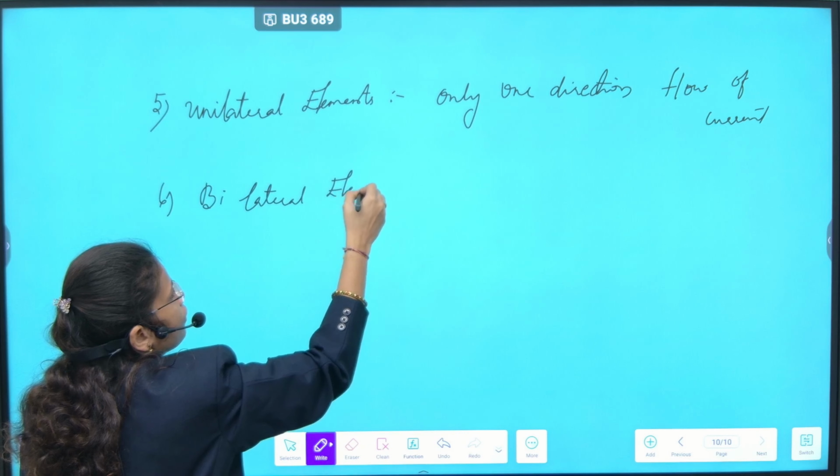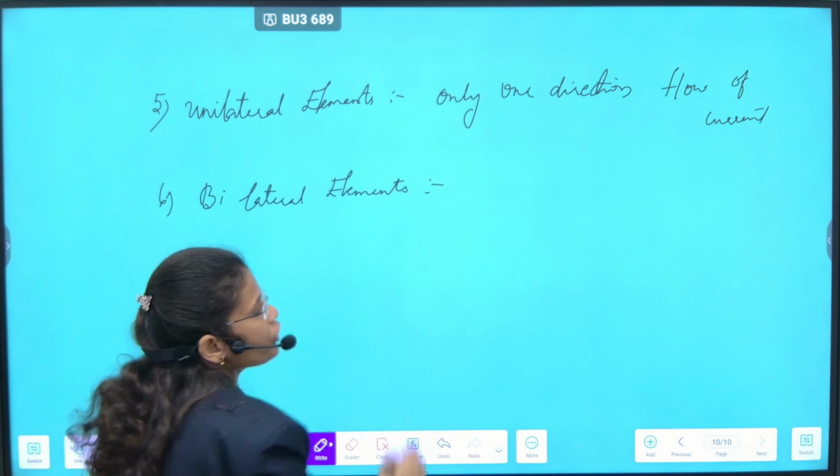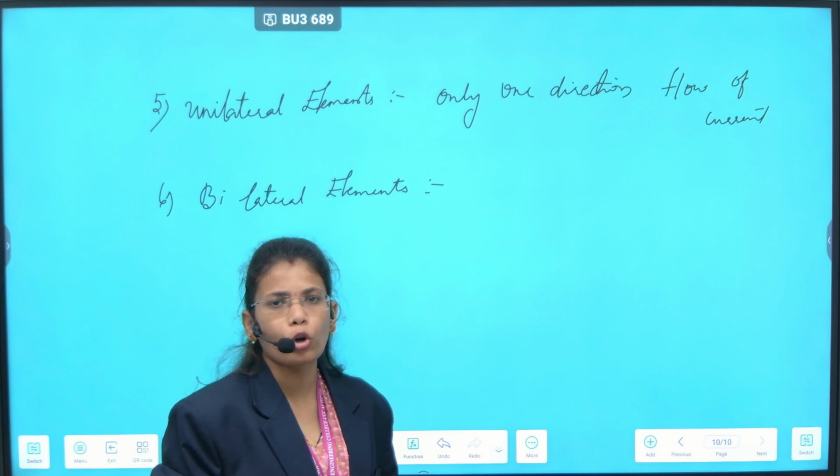Bilateral elements allow the current to flow in both the directions.